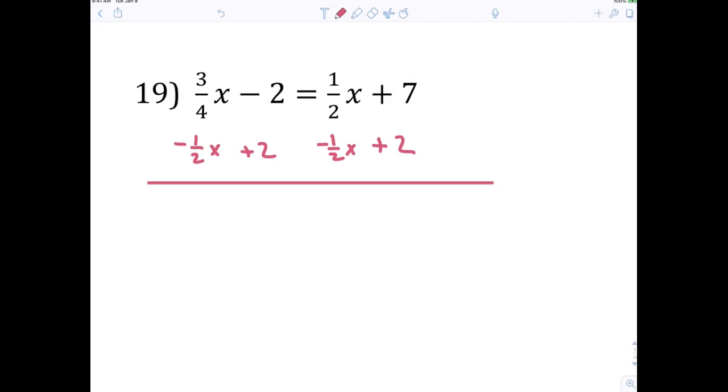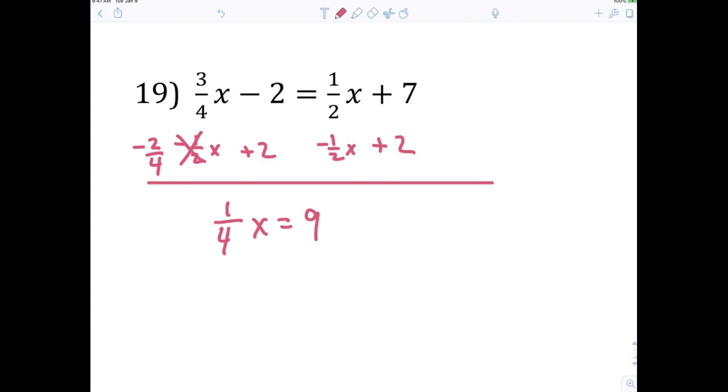So 1/2 is the same as how many fourths? 2/4. So really, the 1/2 gets changed to 2/4, and what's 3/4 minus 2/4? 1/4. 1/4 x is equal to 9.